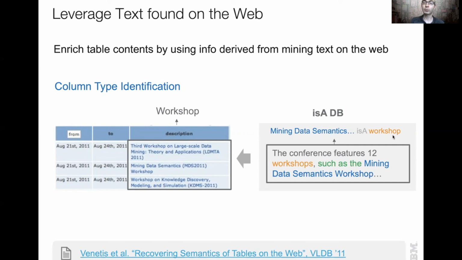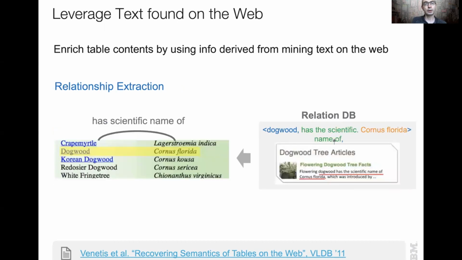And once they have populated this is-a database, they can use it to identify the types of table columns. For instance, they can identify that in this case, this column contains information about workshops. And they use similar process and techniques for relationship extraction as well.